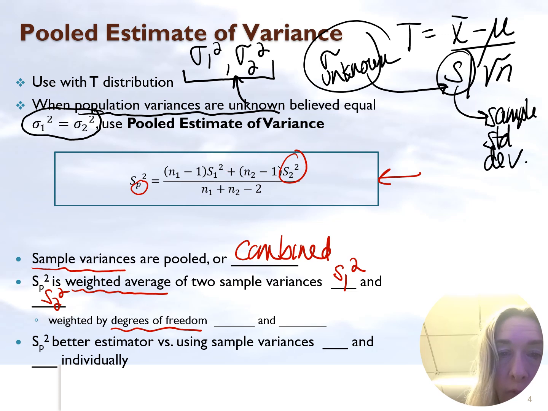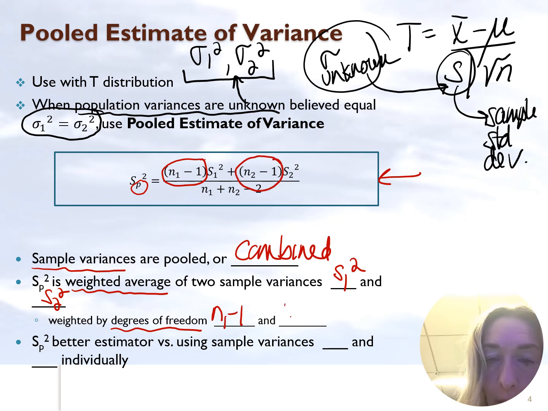What are their degrees of freedom? N1 minus 1 and N2 minus 1. Those are the degrees of freedom. And we use a pooled estimate of the variance because it's a better estimate of the variance versus simply using your sample variances individually in the calculation.